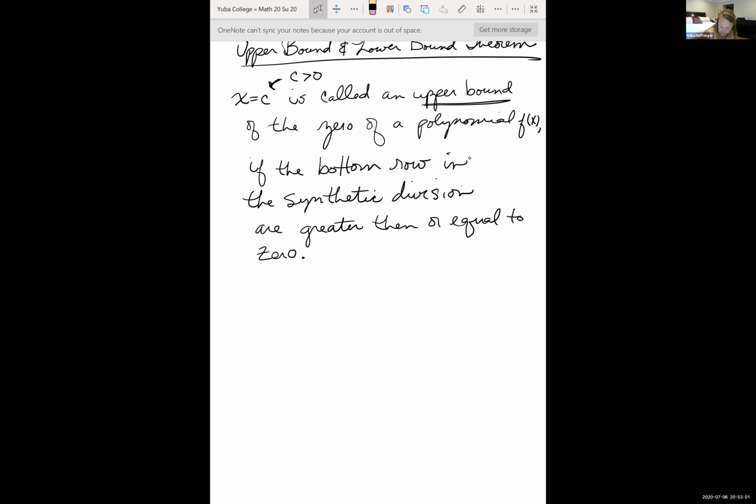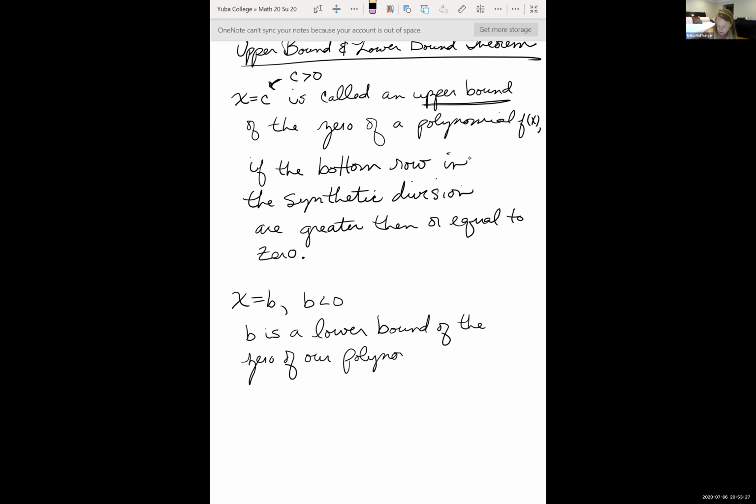So if we're looking at x equals b, where b is less than 0, we say b is a lower bound of the zero of our polynomial if the bottom row is alternating in signs.